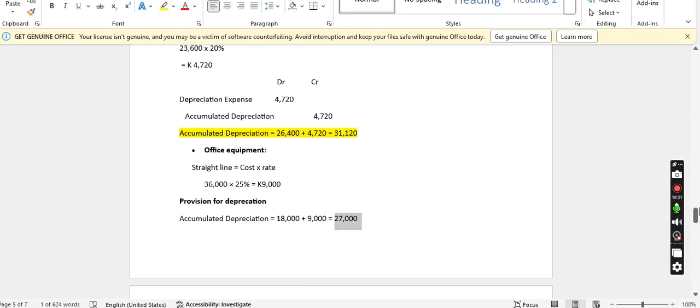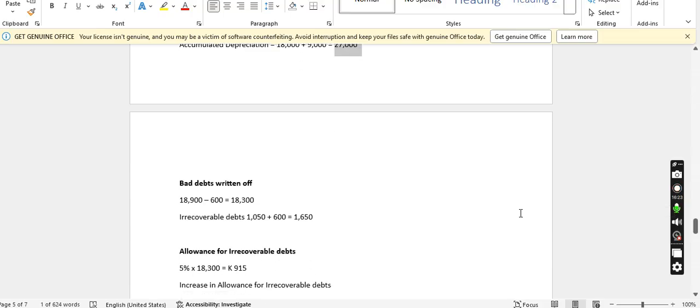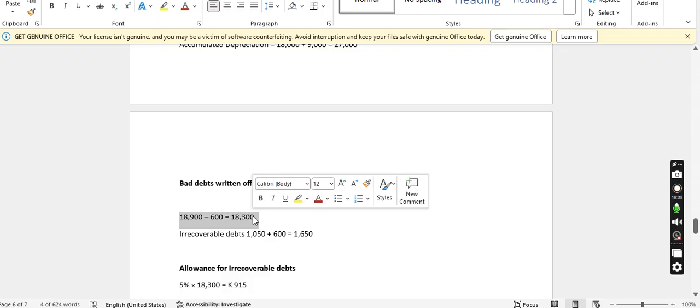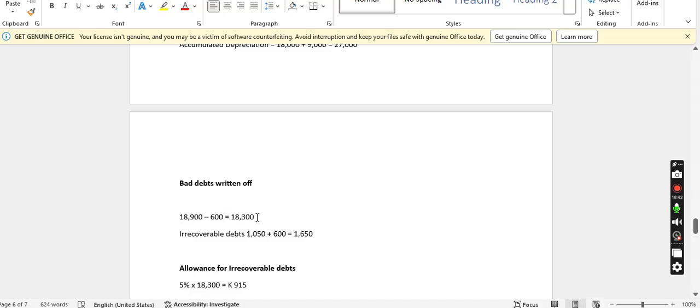So we're going to say trade receivables, 18,900 kwacha minus 600, you get 18,300. This is the new amount that is being owed to us by people.